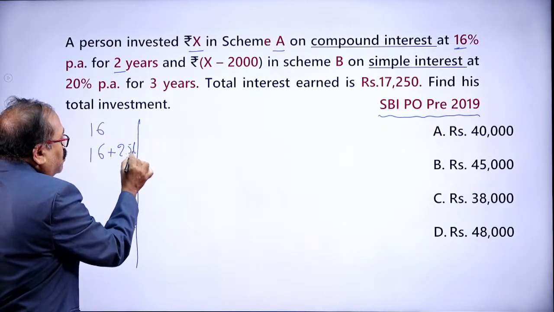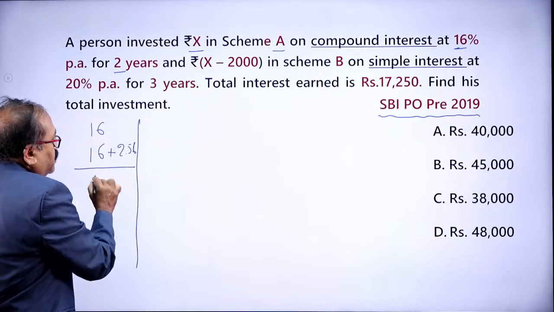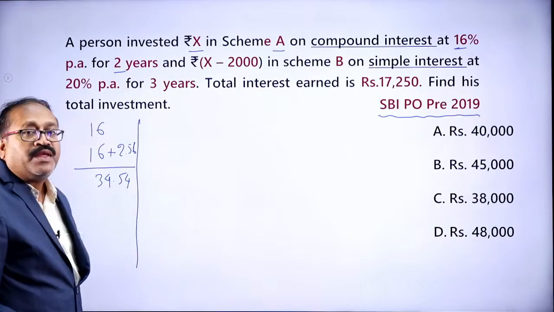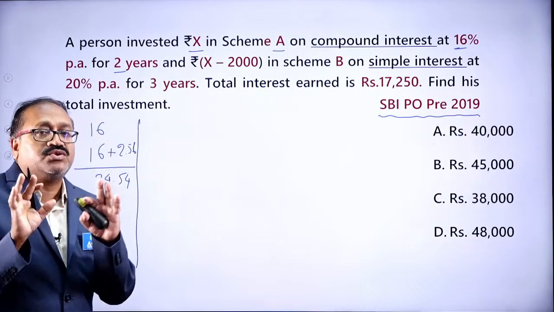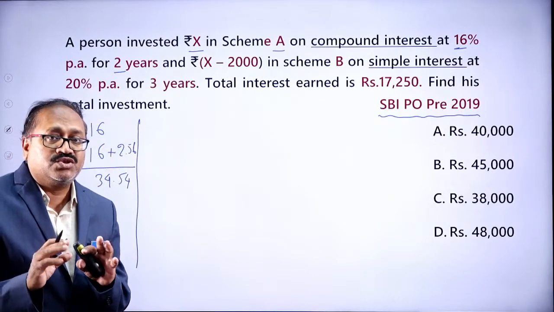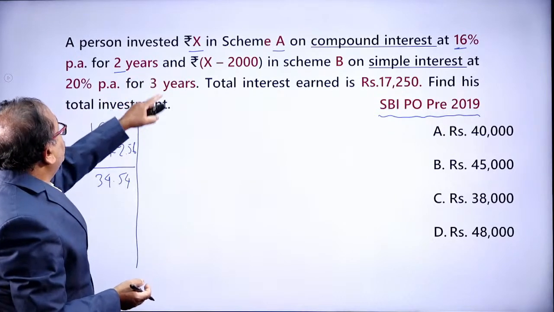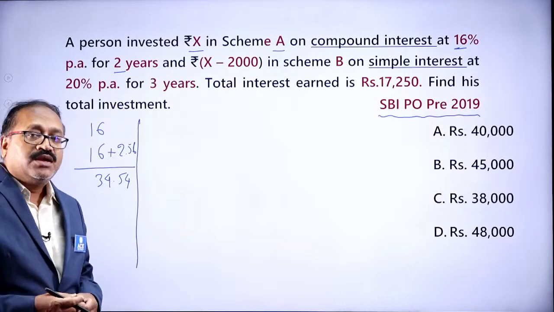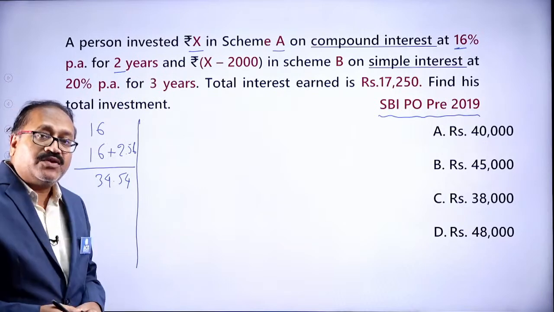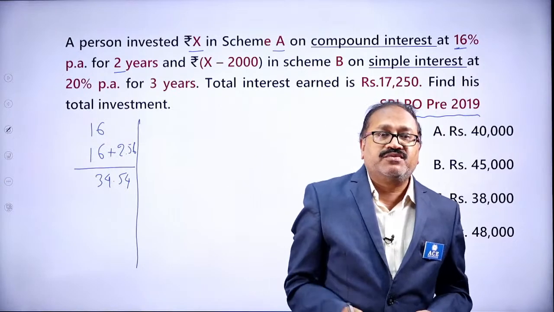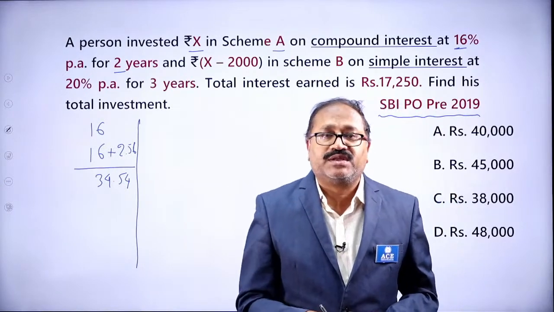The overall for 2 years is 34.56, that is 32 plus 2.56. These are the figures you should mug up, so that it will save a lot of time in the exam. The moment it is said 16% per annum for 2 years, it is 34.56% for 2 years.